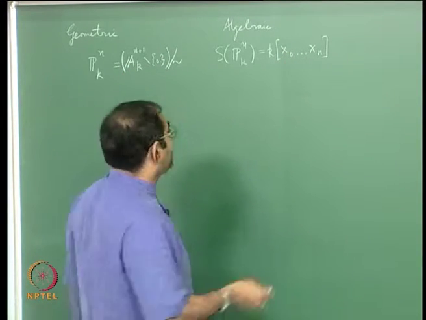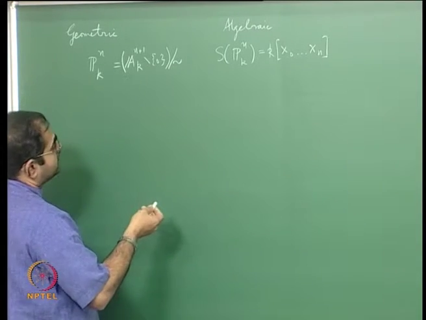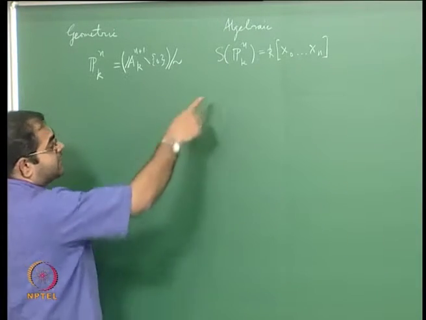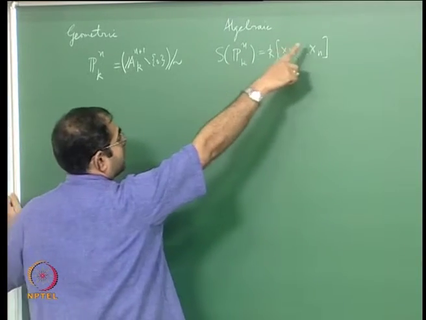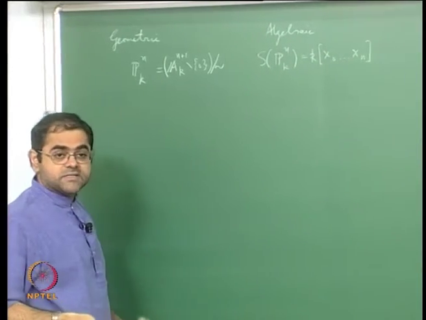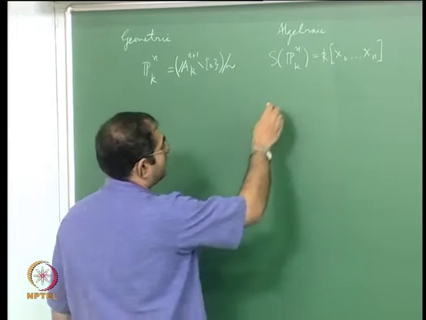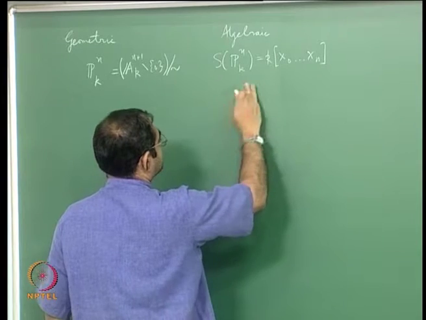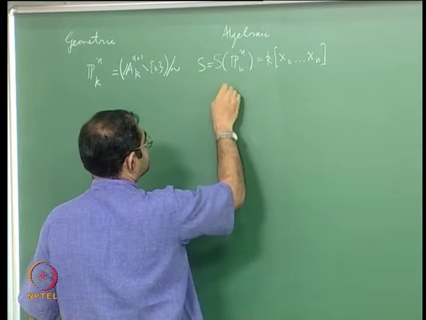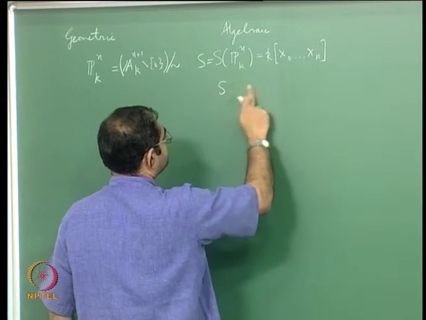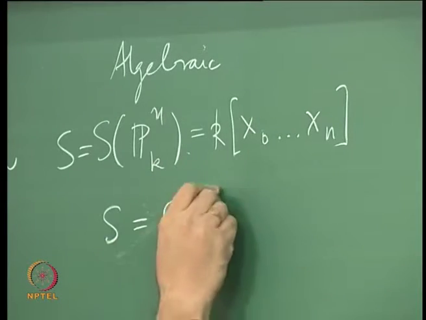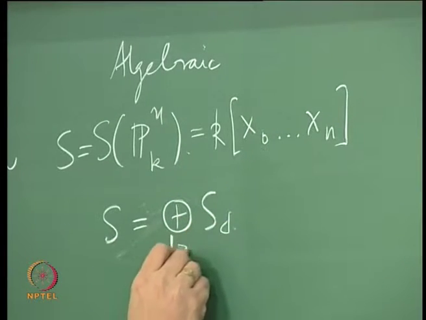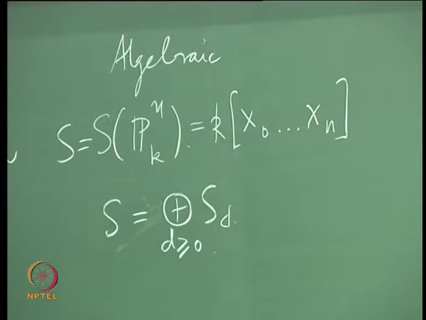What you do is that the important structure here is the so called graded structure of this ring. This ring, let me write it as S. This S is a graded ring in the sense that S is the direct sum of its degree d pieces for d greater than or equal to 0, where S_d corresponds to homogeneous polynomials of degree d.